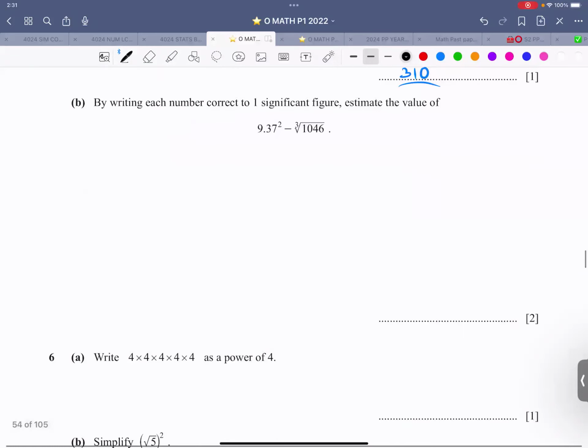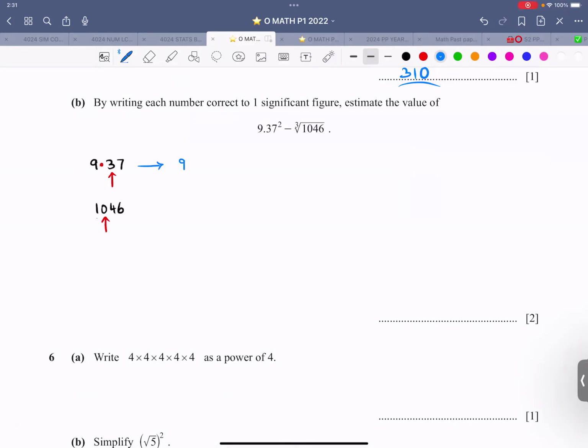By writing each number correct to one significant figure, estimate the value. So 9.37, 1046. 9.37 correct to one significant figure. So over here, 9.37 to one significant figure will become 9.